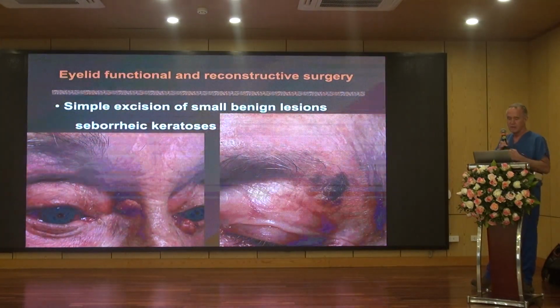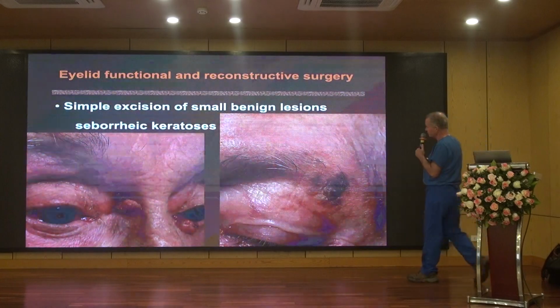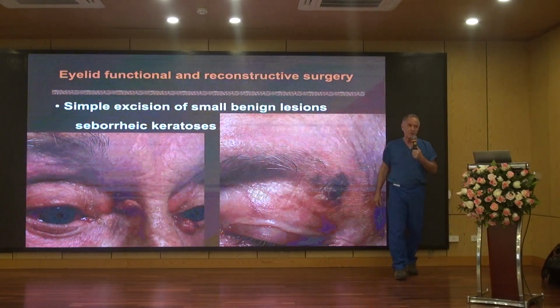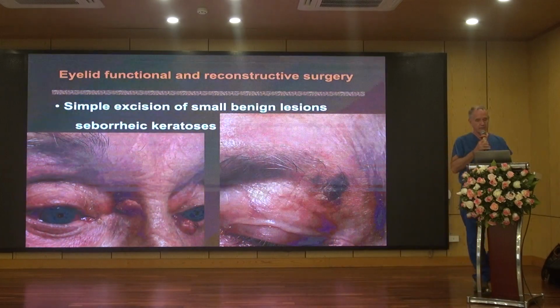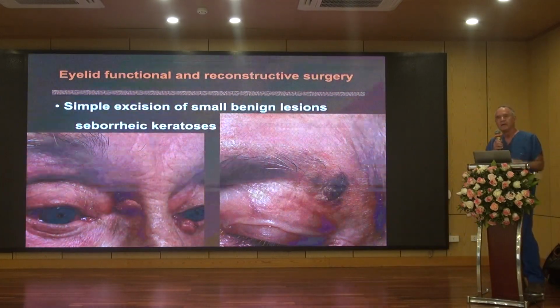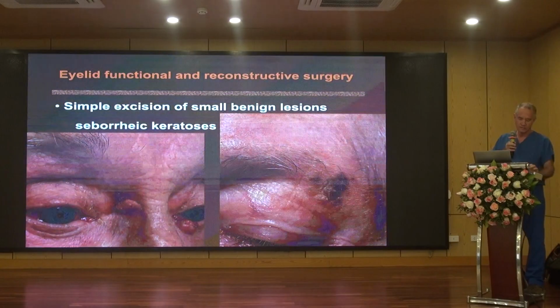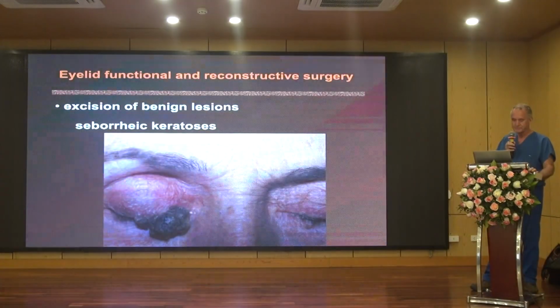Other lesions are called seborrheic keratoses. They sometimes are pigmented, sometimes they're not pigmented, but they tend to be flatter, and they're easily removed because after injecting a local anesthetic, you can often grasp the edge of it with forceps and use a 15 blade or a scalpel and gently peel them off of the skin. So they're usually pretty easily removed without much of a deep excision.